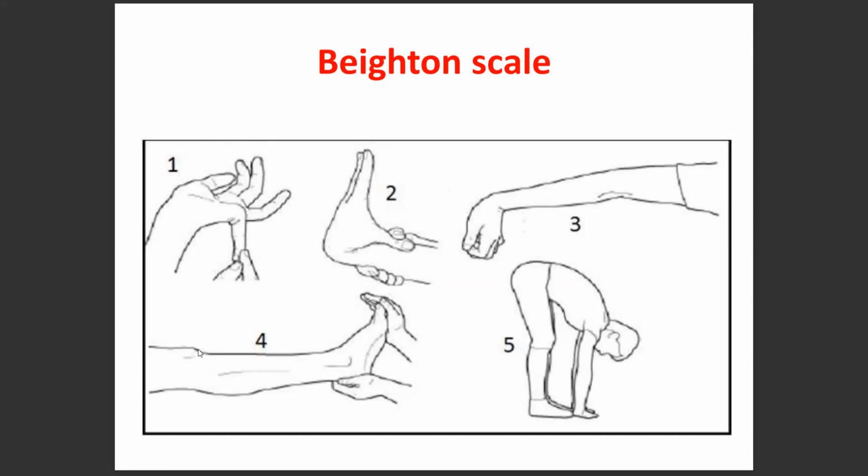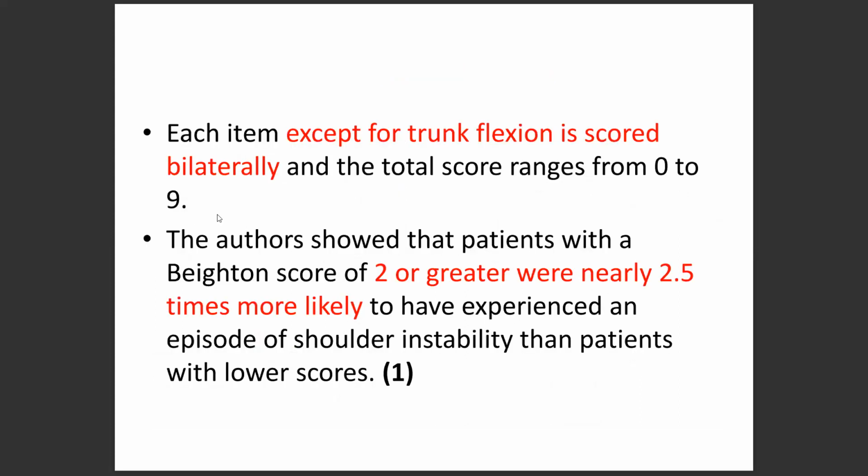Right and left knee joints, 2 points. So that makes a total of 8 scores, while trunk flexion will carry 1 mark. If this condition is present, it will receive 1 score, and if it is absent, it will receive 0 score. So the minimum score is 0 and the maximum score is 9.